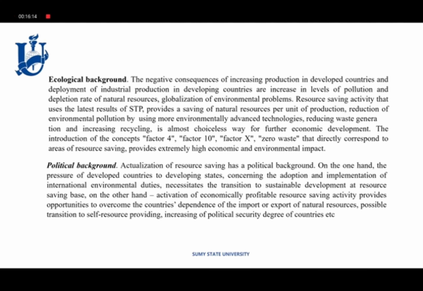On the other hand, activation of economically profitable resource-saving activity provides opportunities to overcome the country's dependence on the import or export of natural resources, with possible transition to self-resource providing and increasing the degree of political security of countries.